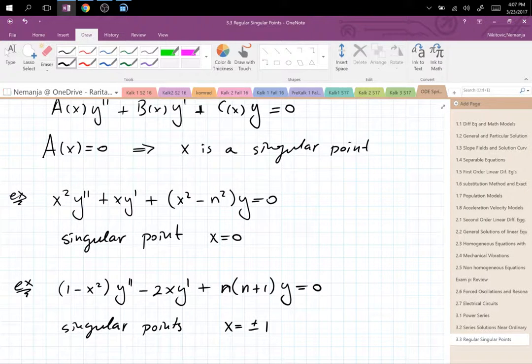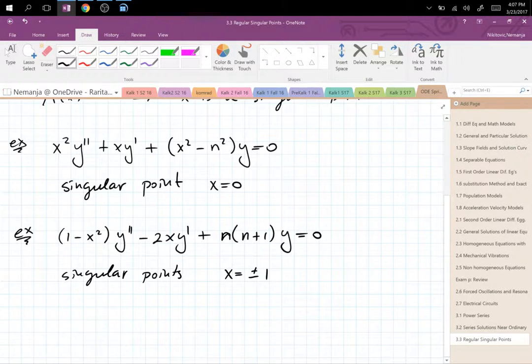Now, the great part is that using substitution, we can always shift any singular point that is not at 0. So we can theoretically work only with the cases where the singular point is x equal to 0. Whenever we get an equation like the Legendre equation where it's not at 0, we can use a simple transformation to shift.